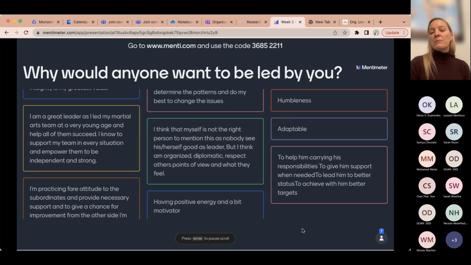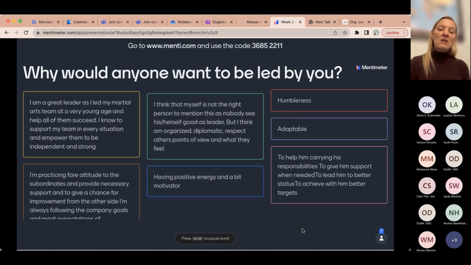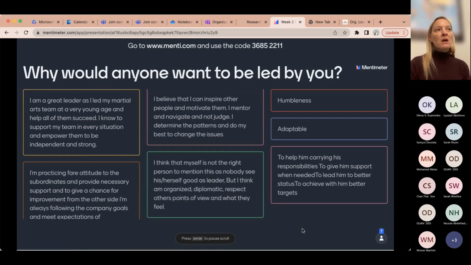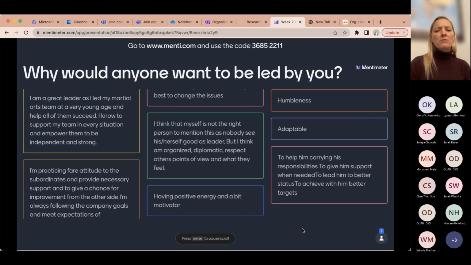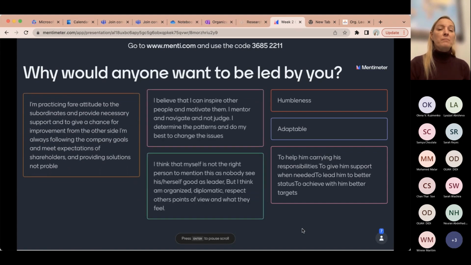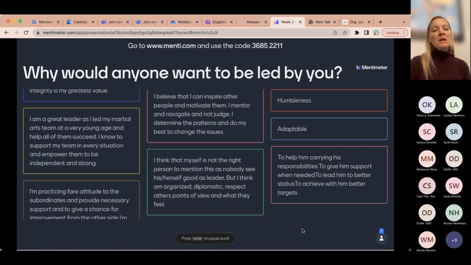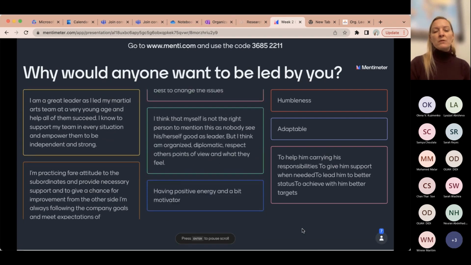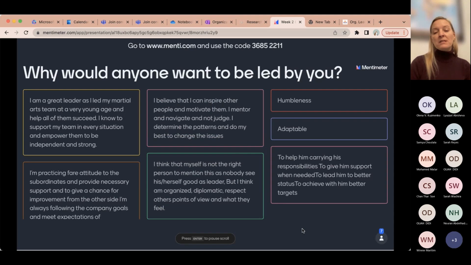I walked away from that specific position, not because I wasn't capable of doing it, and not because the people I was working with were not good people, but for me, being a transformational leader is about something within me that feels differently, and I have to listen to that.